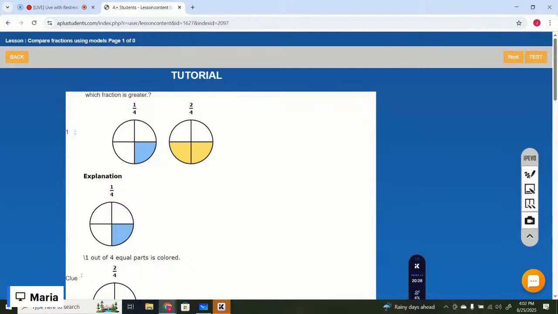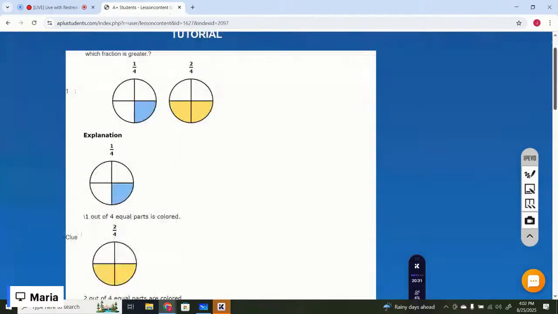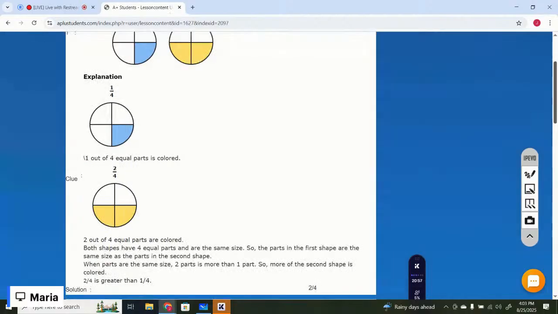Which fraction is greater? The one that has more portion colored is greater. That is 2 by 4. 2 by 4 is greater than 1 by 4.